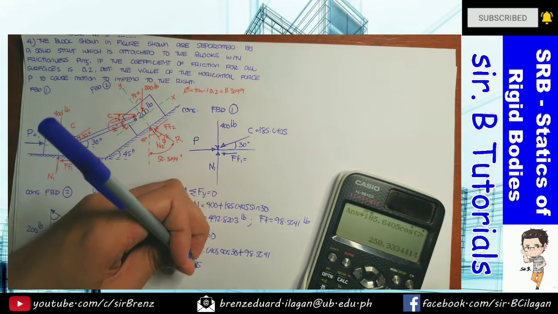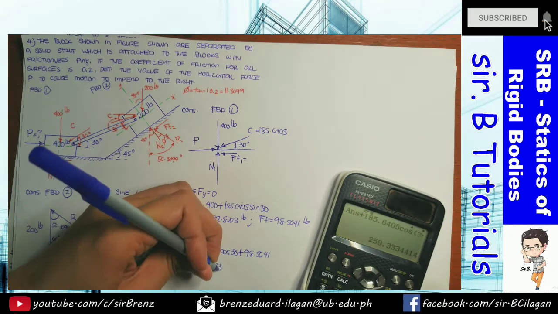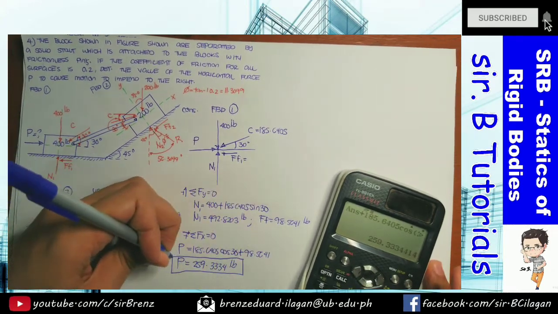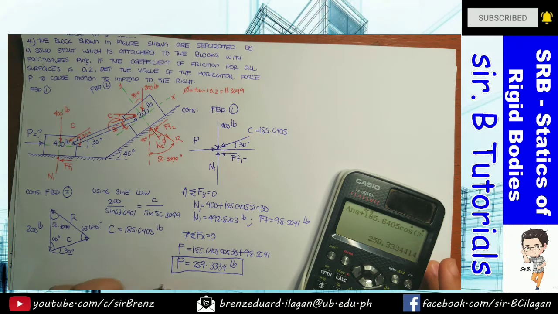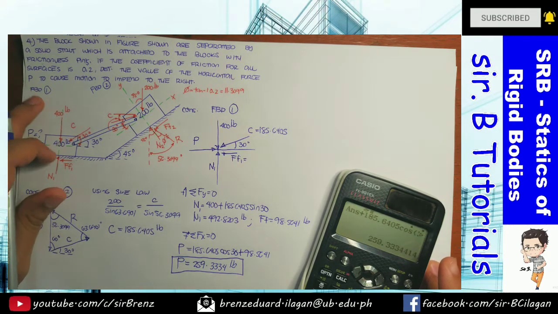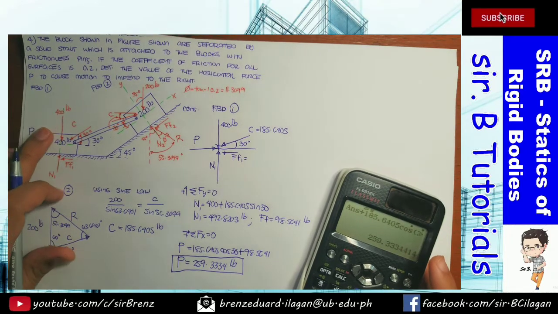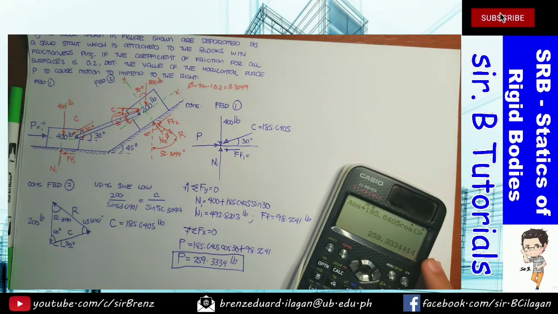So the answer is 259.3334. Okay, so this is your answer for the load P to cause motion which will impinge to the right. Okay, check lang natin.